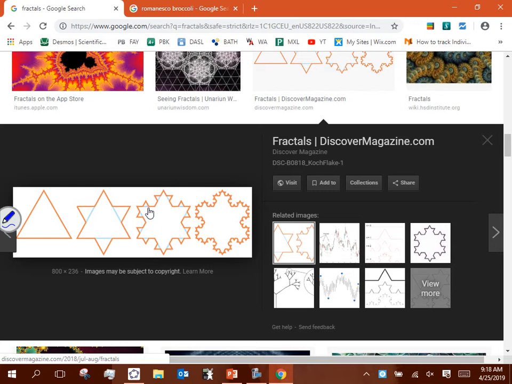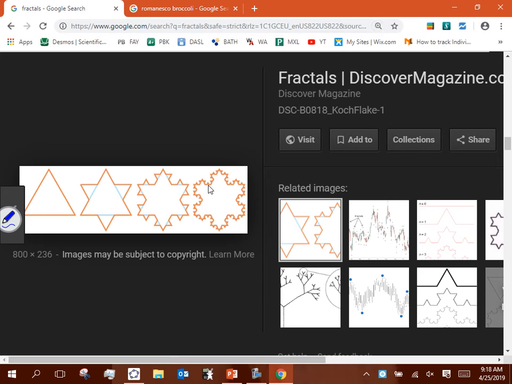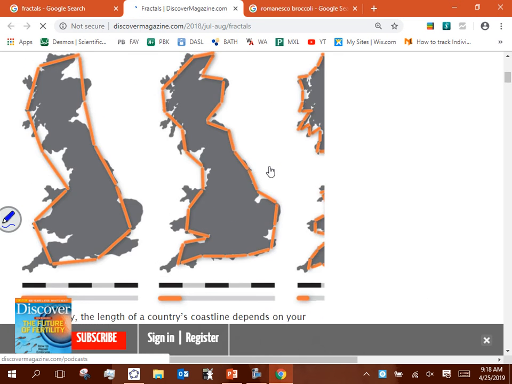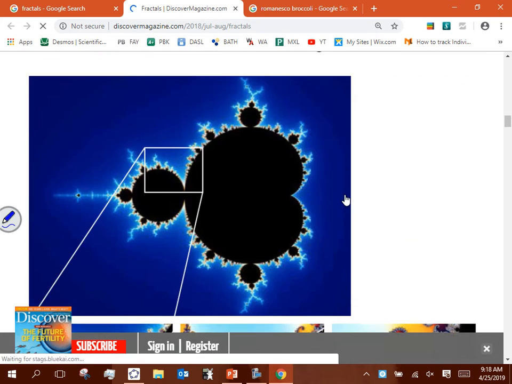Then we do that again, and we keep doing that infinitely many times. This is the idea of me being able to zoom in. If I was able to zoom in on each one of those smaller triangles where my cursor is, there would be this picture again. Does that make sense? You just keep zooming in and seeing that over and over again.